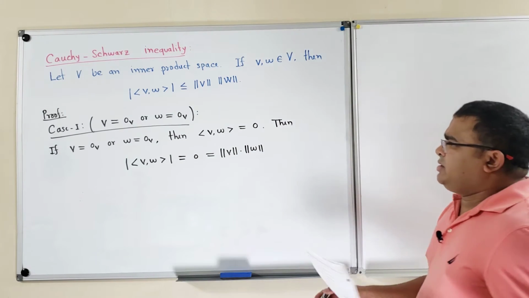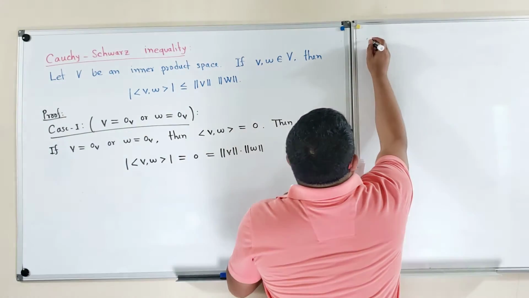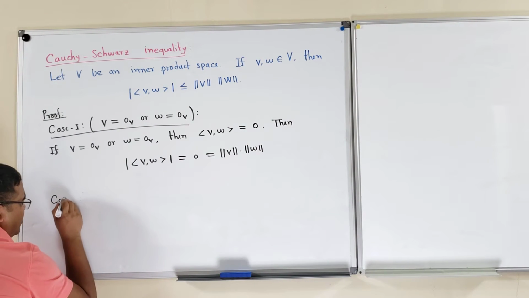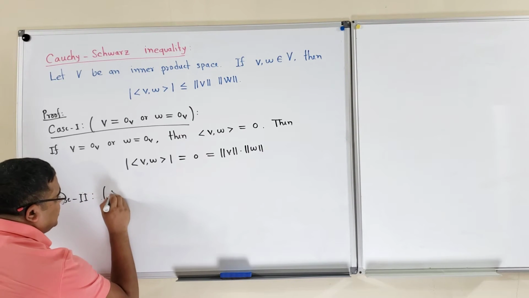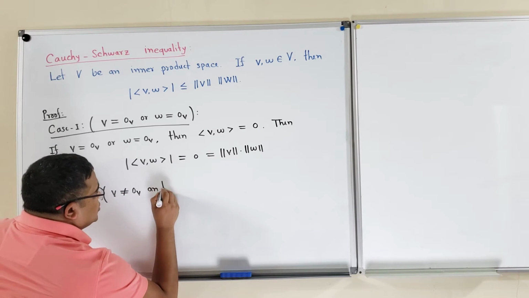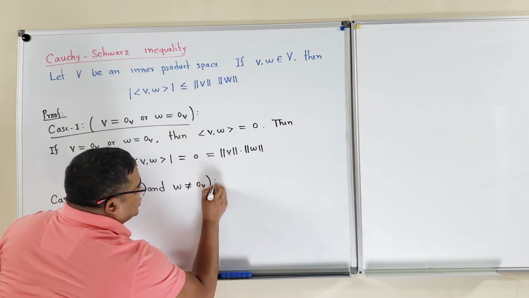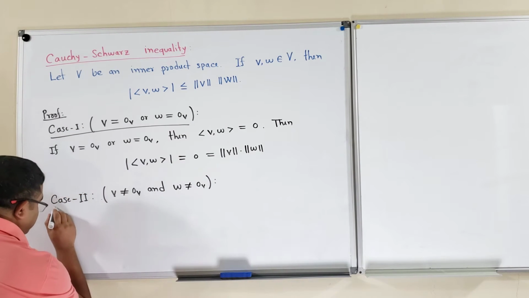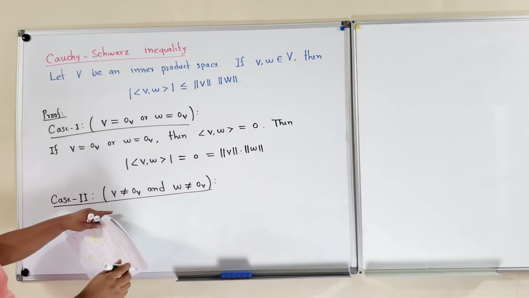Now, we will consider case 2. Case 2: v is a non-zero vector and w is also a non-zero vector. So, in this case, both v and w are non-zero vectors. Suppose this is vector v, and w is also a non-zero vector.